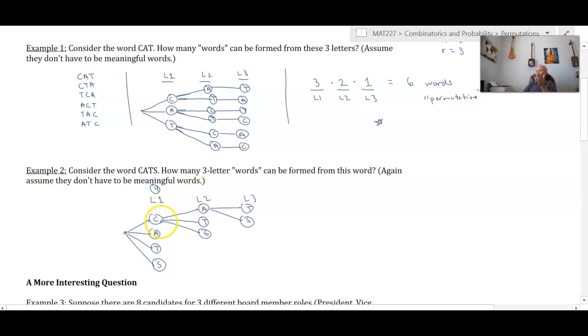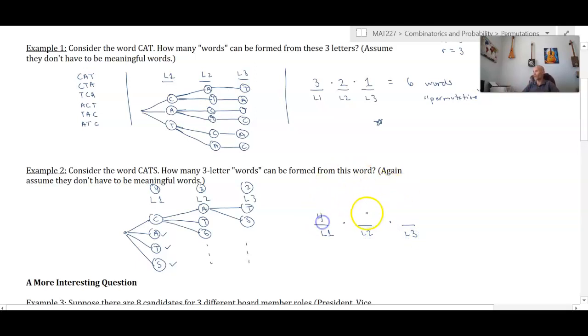Then for each of those first letter selections, there are only 3 possibilities in the second table. That'll be the same thing for this guy, for this guy, and for this guy. And then depending on what the second letter was that was selected, there are now only 2 possibilities. So I've just kind of started listing this tree diagram to get the visual that gives me everything that I need in order to know how to use a multiplication principle to come up with the number of possibilities.